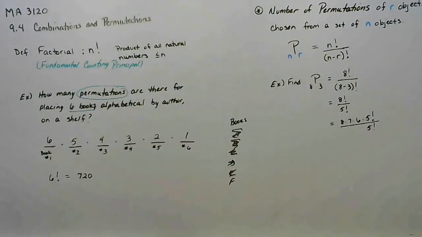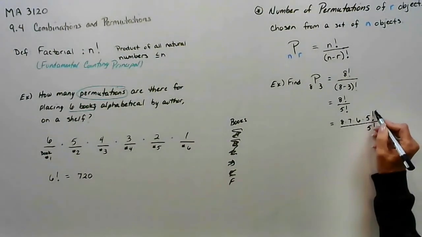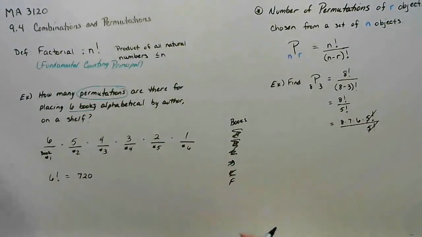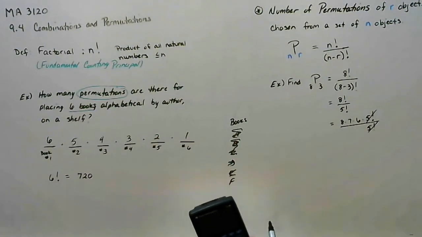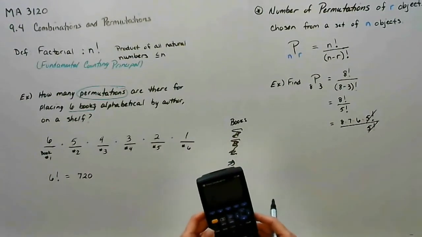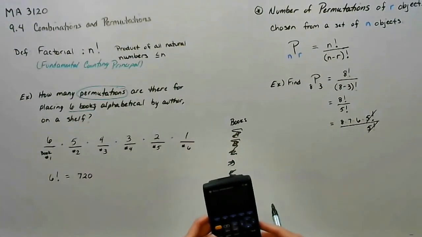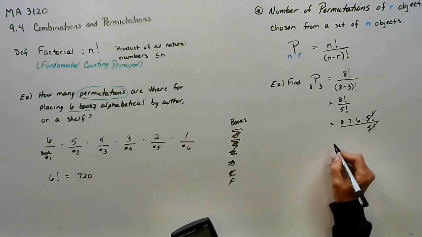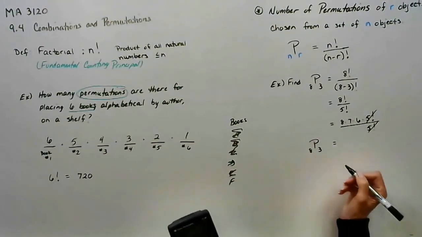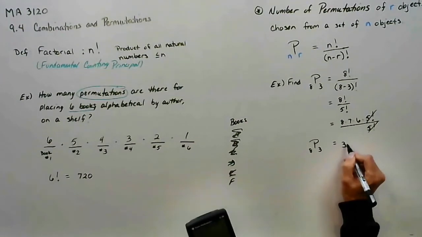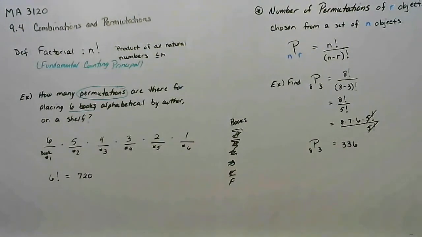And if we do this, 5 factorial reduces with 5 factorial. So 8 times 7 times 6 is 336. So the permutation of 8 objects chosen 3 at a time is 336 possible ways.